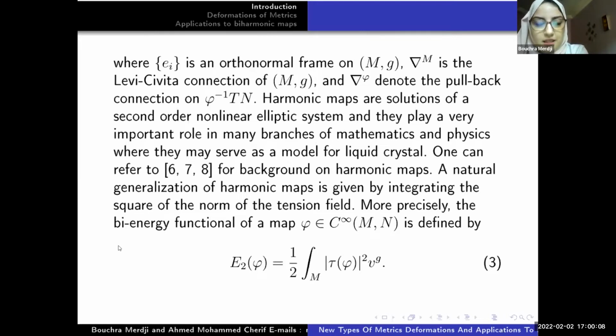More precisely, the bi-energy functional of a differentiable map varphi is defined by this equation: E2 of varphi is equal to 1/2 the integral on M of the squared norm of the tension field of varphi, Vg.